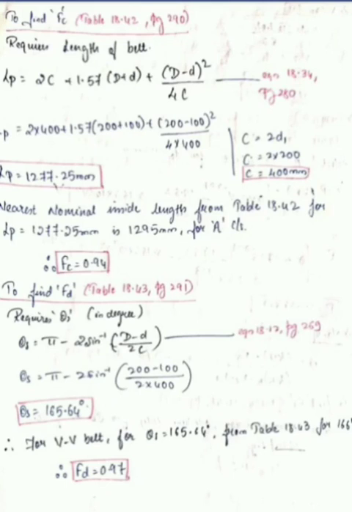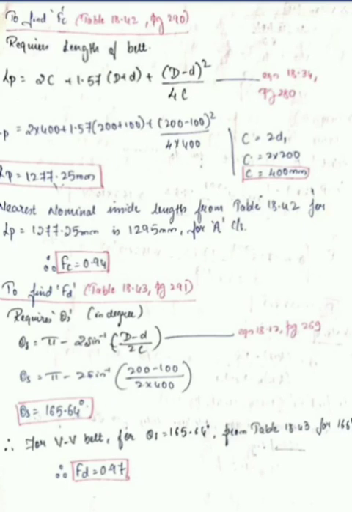Substituting all the values, we got LP as 1277.25 mm, but the standard value, that is nearest nominal inside length, referring table 18.42 for this particular value, is 1295 mm for a cross section of belt. So now your new length is 1295 mm. So for that you got FC equal to 0.94 from that table.